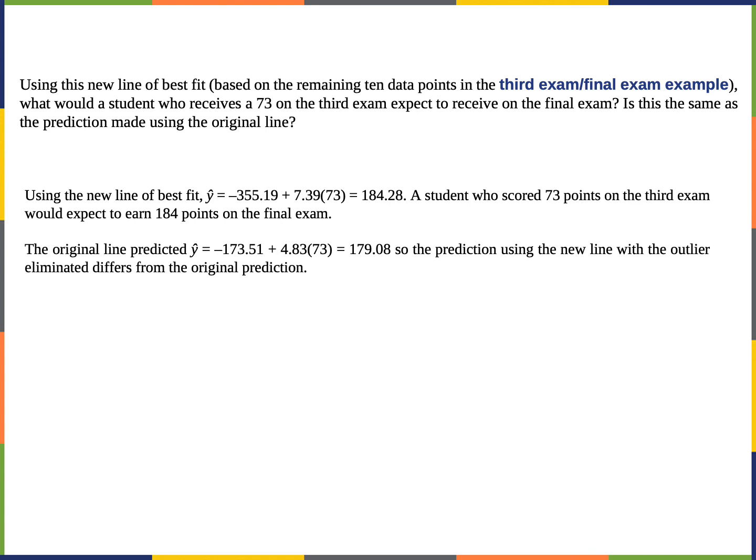So we plug in 73 to the new one and you would get 184.28. So now we can say a student who scored 73 points on the third exam would expect to earn 184 points on the final. And then the original line predicted 179.08. So the new line is different from the original.